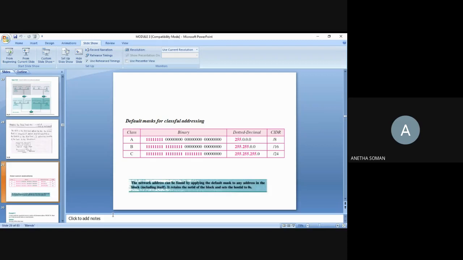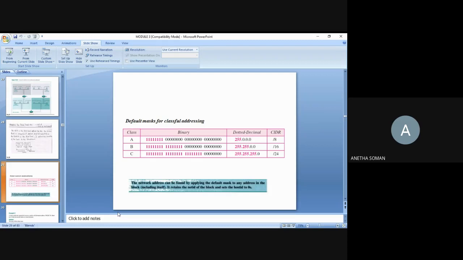When you consider class A, you can see the first 8 bits are ones and the remaining 24 bits are zeros. So for class A, the default mask is 8 ones and 24 zeros. The corresponding dotted decimal is 255.0.0.0. Now for class B, you use 16 continuous ones and 16 zeros. That is the default mask value, and the dotted decimal is 255.255.0.0.